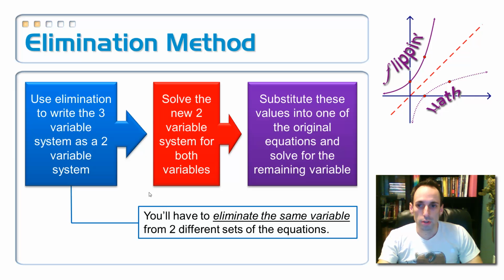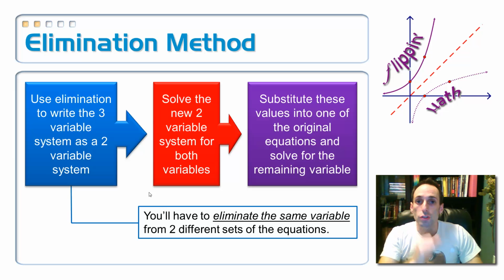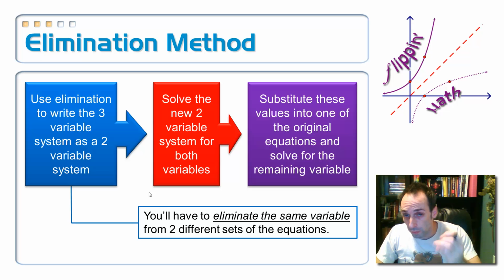So we eliminate one of the variables from two different pairs of equations so that we have just two variables. Now we solve that two variable system just like we used to, and we solve for both of the variables. Once we have those two numbers, we stick them back into one of the original equations so we can find the third variable.